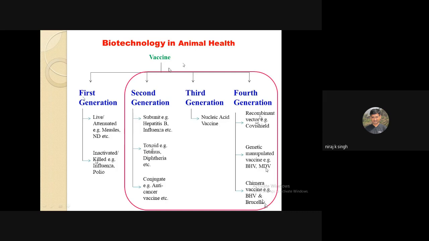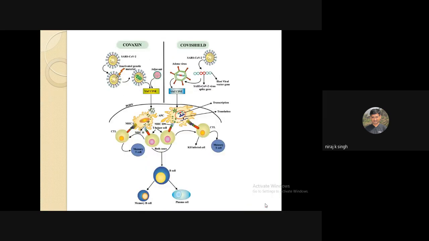So these are vaccines. Already I have told earlier, so I will discuss Covishield and Covaxin. Covaxin is a first generation vaccine. In Covaxin, the coronavirus has to be inactivated. After inactivation, after killing this coronavirus, it is used as a vaccine, and this vaccine triggers the immune response and provides immunity against the COVID virus. The second vaccine in use in India is Covishield.